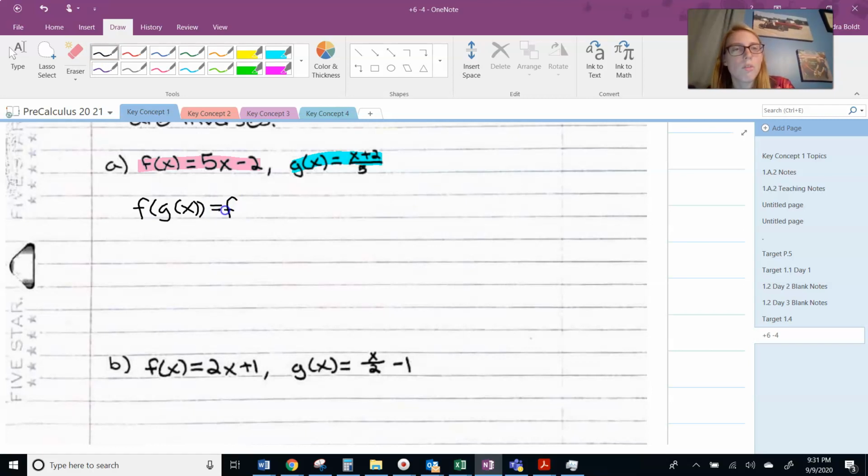Which is really f of, I'm going to be plugging in g of x. Which equals f of, well, our g of x is x plus 2 over 5.